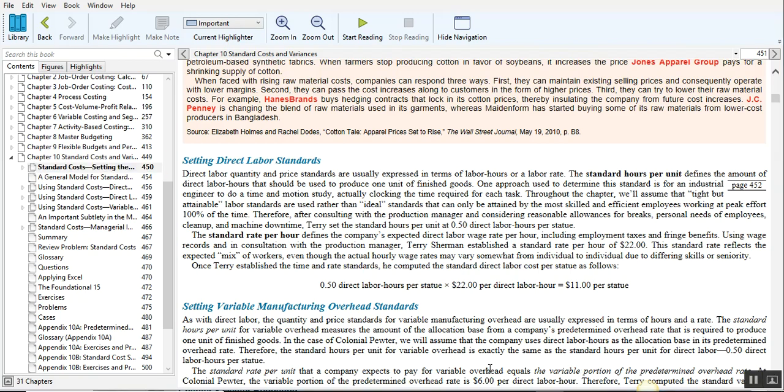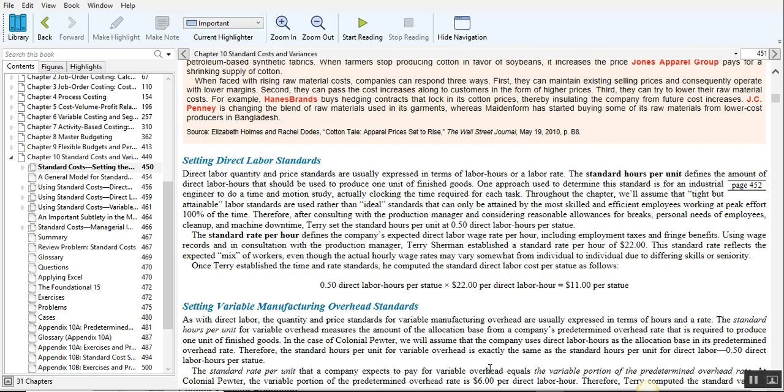So when we set standards, what we're looking for is what is realistic. I said optimal earlier, and really, if you're meeting the standards, that is optimal, but it's not really the exact number of hours, because when you're looking for standards, you want to make them realistic and achievable.